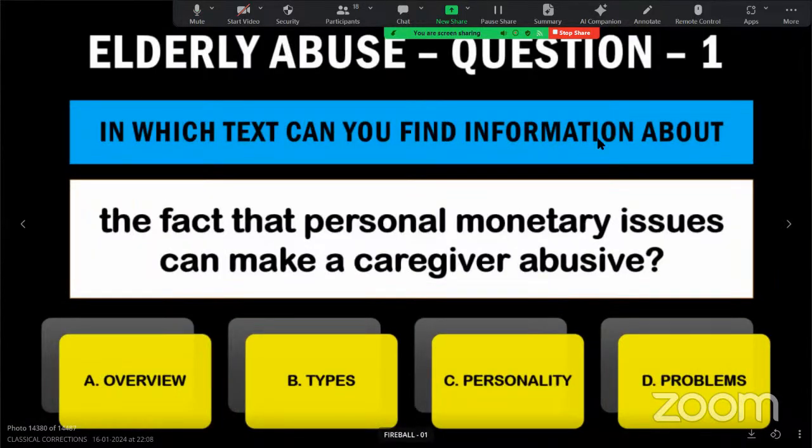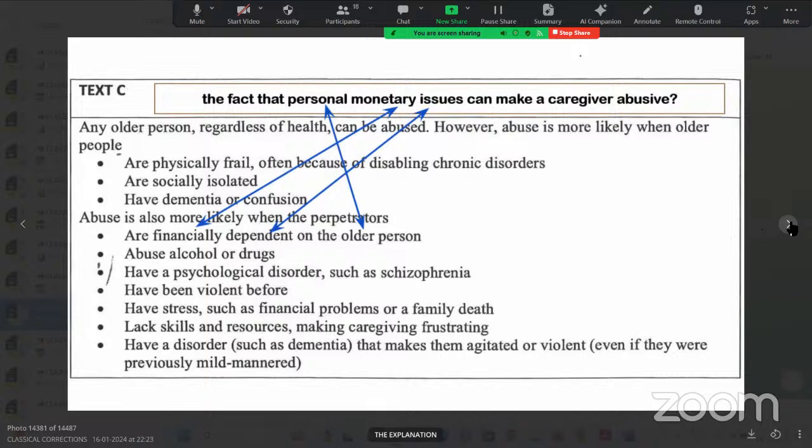In which text can you find information about the fact that personal monetary issues can make a caregiver abusive? If you take the second question, this is an example. You can see it is in part C. Older person, issues because dependent, financial, monetary means financially.